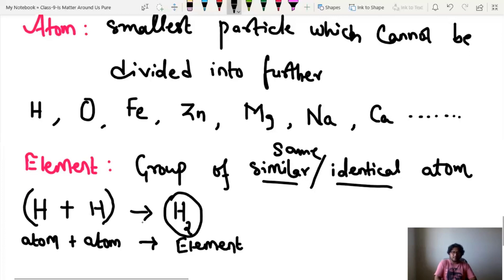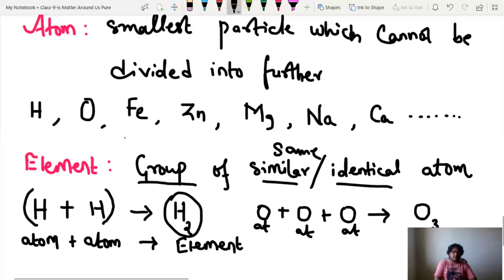Another example, oxygen O plus oxygen O plus oxygen O. Three oxygens combining together to form O3, that is ozone. Ozone layer is there, that ozone. Now oxygen is atom, this is atom, this is atom. Now here I told you group of.